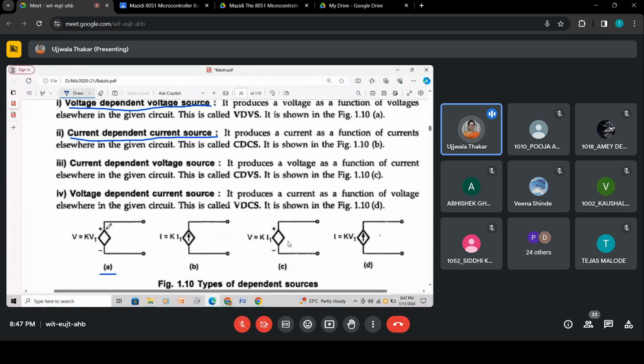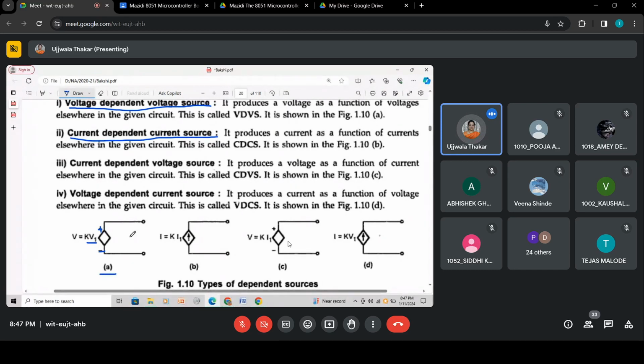If you see the diamond, it is always a dependent source. If you show the polarity, positive and negative, that means it's a voltage source. And it depends upon a voltage which is internal somewhere.